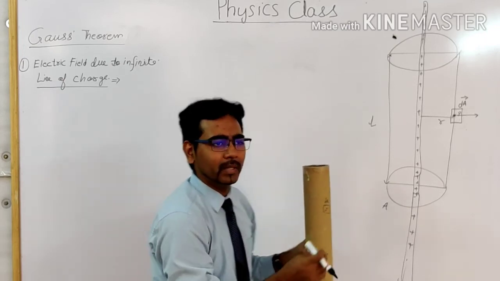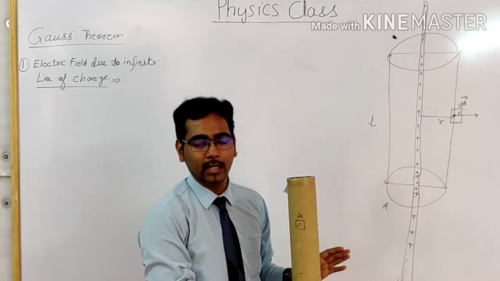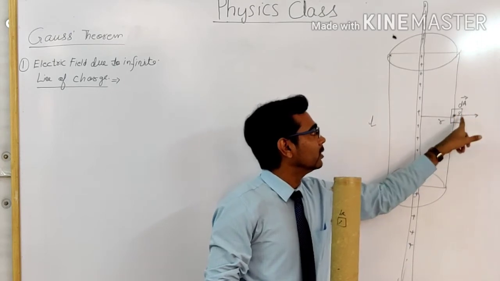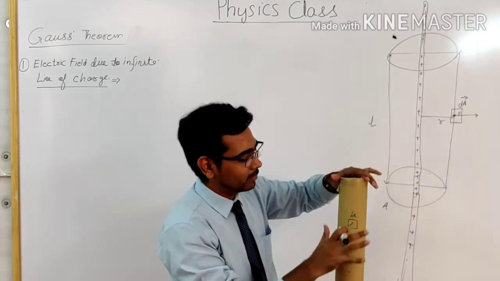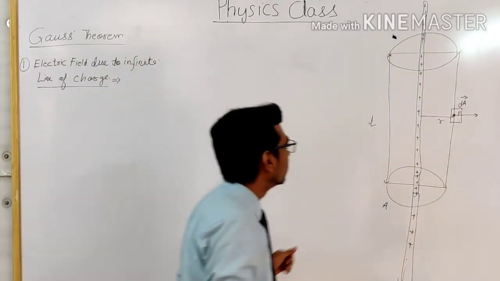Why am I skipping the term? Because every area can be represented as a vector area. What is the criteria? You take the vector, magnitude equal to the magnitude of area, and direction perpendicular to the surface. So the dA vector will be this.